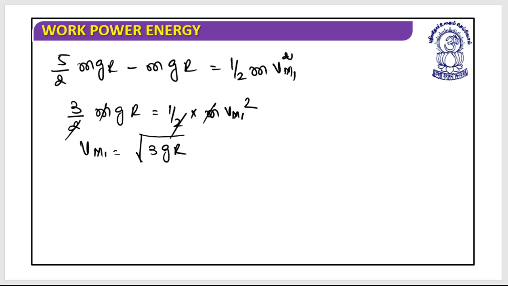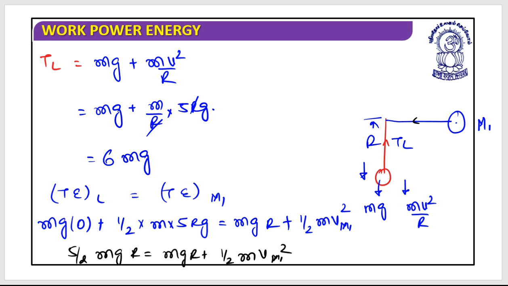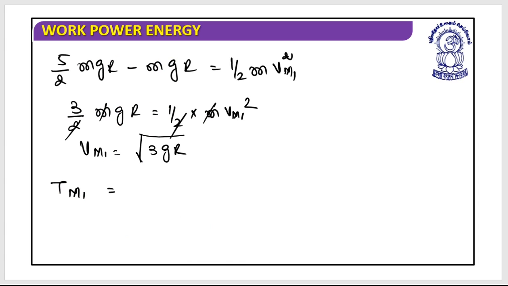Now at this position, the tension at m1 should be equal to, as we have observed in the last slide as well, mv square by r. So this is m into vm1 square divided by r.